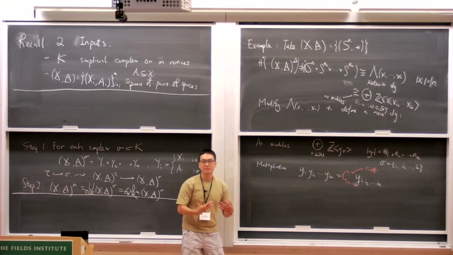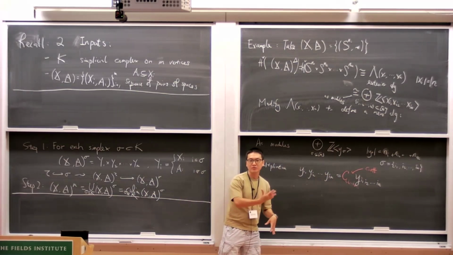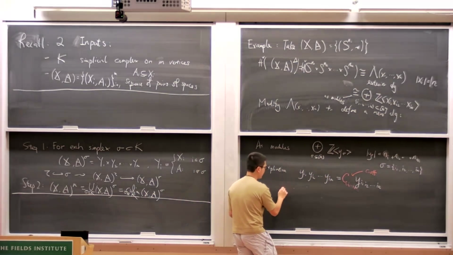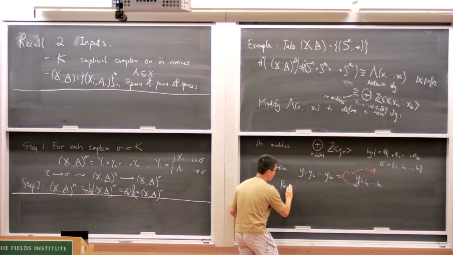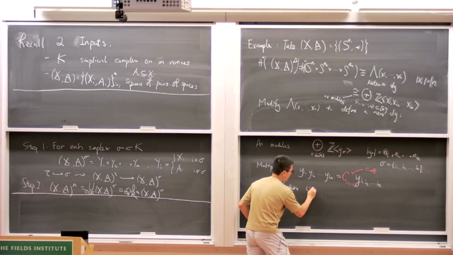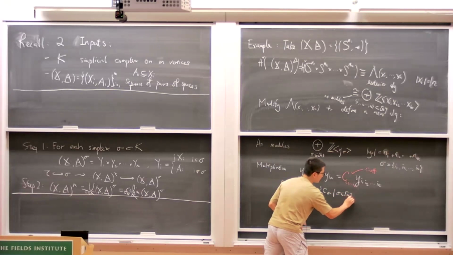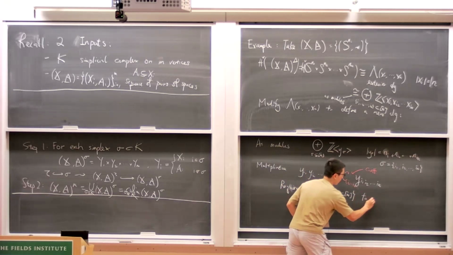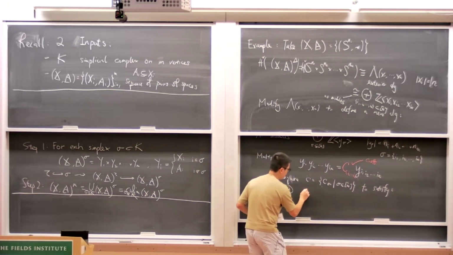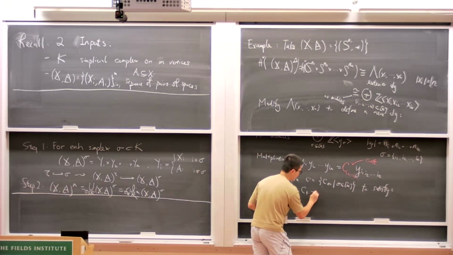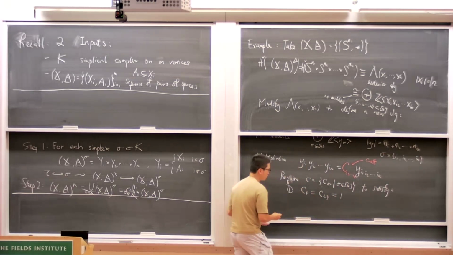And of course, we have to impose some conditions on these collections of coefficients in order to make these multiplications well-defined. So we require the set of coefficients to satisfy some conditions. Namely, we want to make sure that C of the empty set equals 1, and C of any one point equals 1.